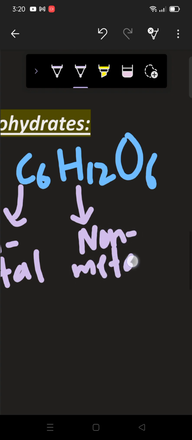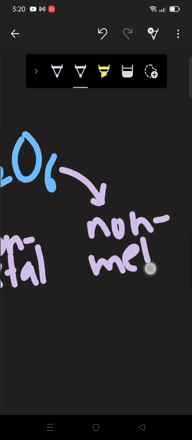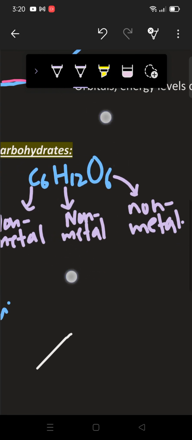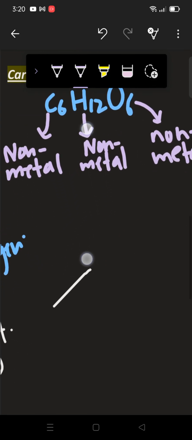Hydrogen is a non-metal. Oxygen is a non-metal too. Whenever these three non-metals combine together, we know that when non-metal and non-metal, there would be attraction between non-metal and non-metal.